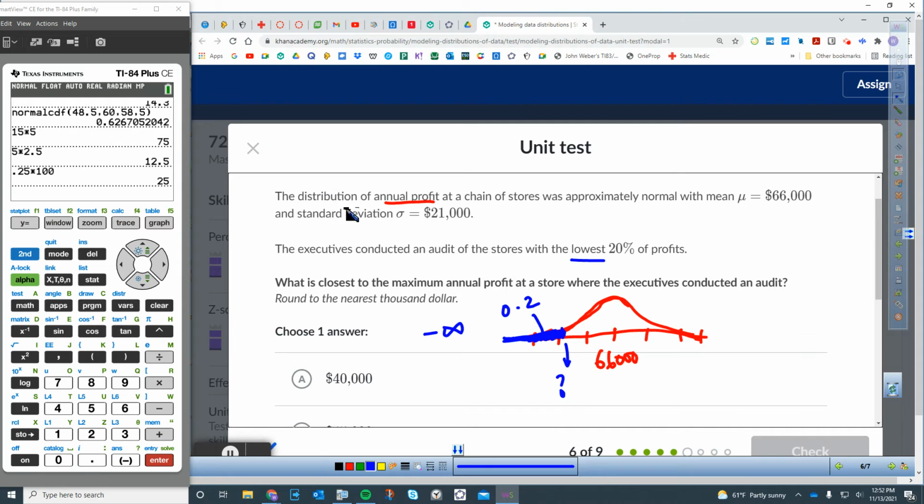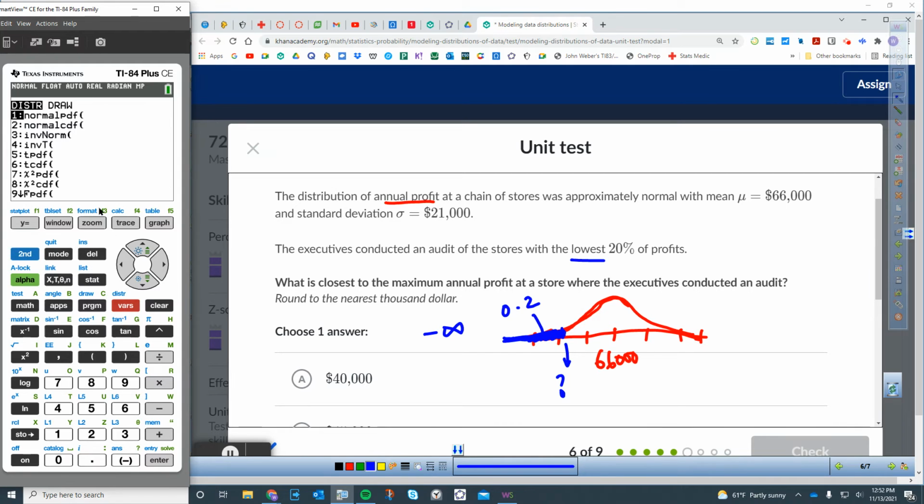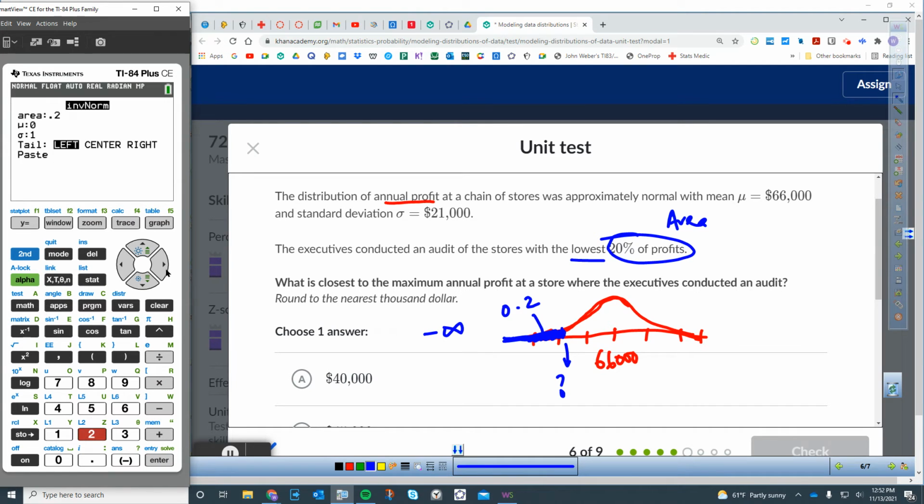In one of the previous questions, we were given a mean, a standard deviation, and a range of values to find the area, and then we used normal CDF, number 2. But this time around, you're given the area and you want to find back the data value. Now you go to number 3. That is the reverse of it. So the area is 0.2.